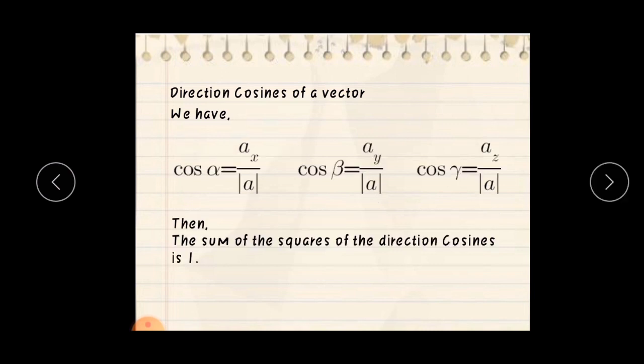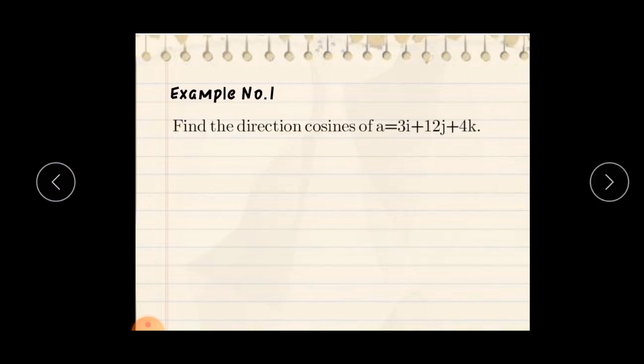And then, the sum of the squares of the direction cosines is 1. So we must remember that cosine alpha squared plus cosine beta squared plus cosine gamma squared is equal to 1. And now, we proceed to our examples.